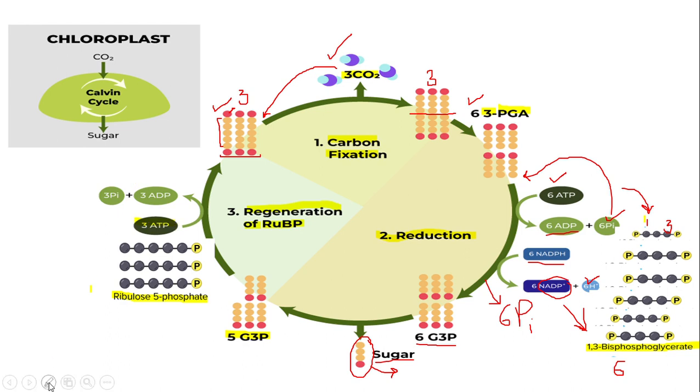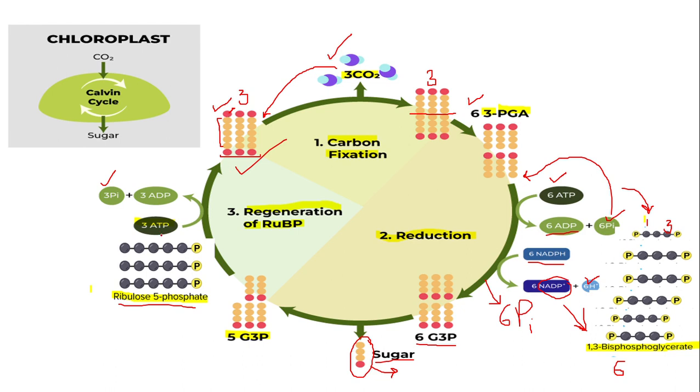But before it directly changes, there will be the splitting of 3 ATP molecules into 3 ADP molecules and 3 inorganic phosphates, because you can see that the difference between ribulose 5-phosphate and ribulose bisphosphate is that ribulose 5-phosphate contains only one phosphate at carbon number 5, but ribulose bisphosphate contains two phosphates, one at carbon number 1 and one at carbon number 5.